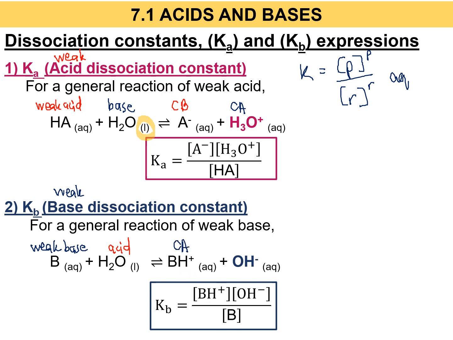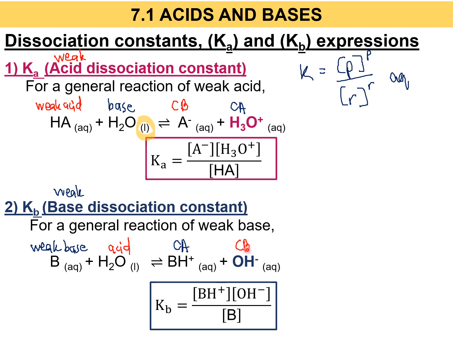Then for H2O as the acid, according to the Bronsted-Lowry theory, an acid is a species that donates a proton. So here, its product has lost a proton. So this product OH-, we consider as the conjugate base. You just have to remember that: weak base pairs with conjugate acid, acid pairs with conjugate base.